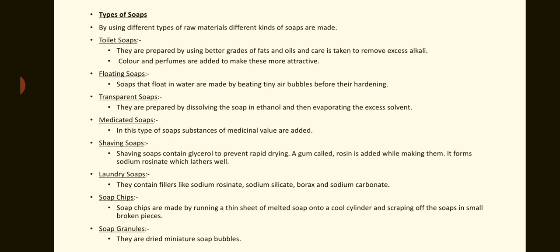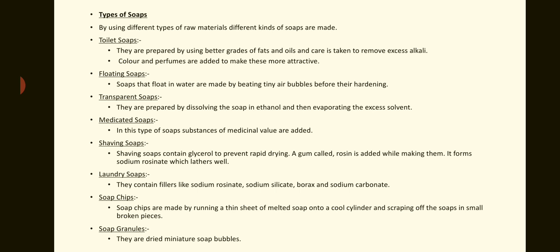Transparent soap is prepared by dissolving soap in ethanol and then evaporating the excess solvent, meaning ethanol. Medicated soap: in this type of soap, substances of medicinal value are added. For example, bithionol is added in soap to make medicated soap. Shaving soaps contain glycerol to prevent rapid drying.